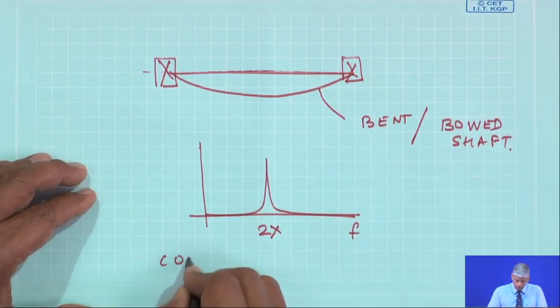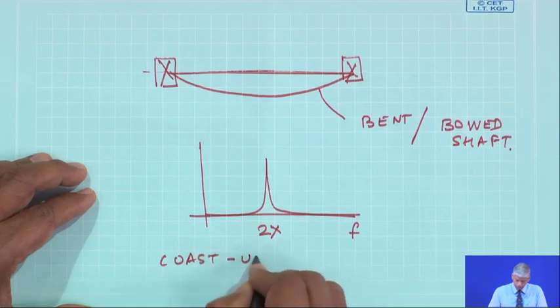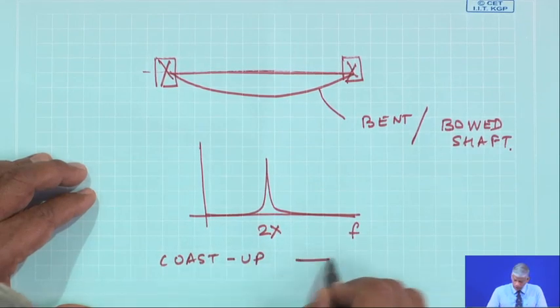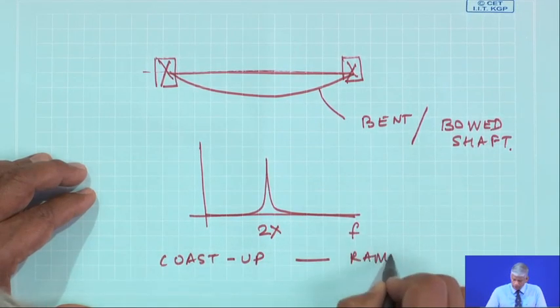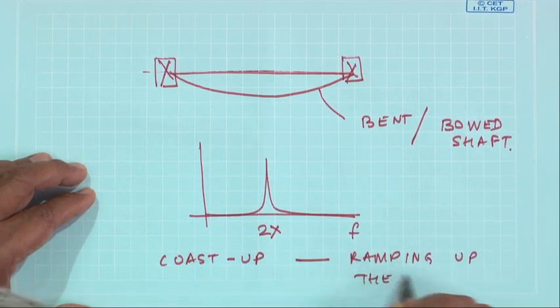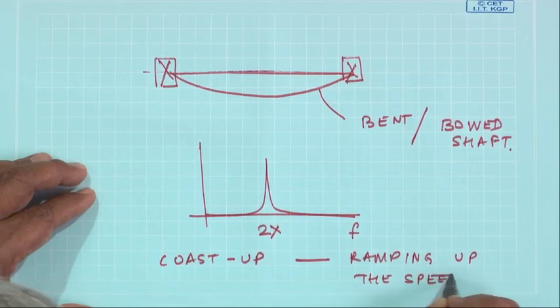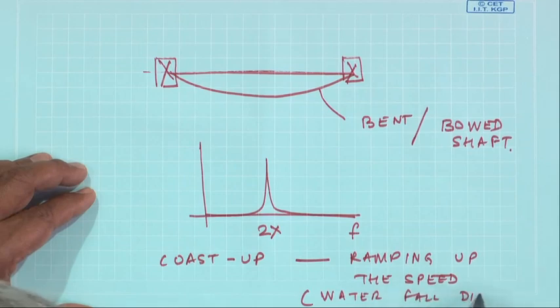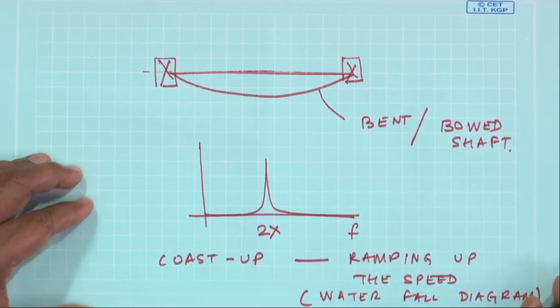Okay. And this can be easily measured by a coast up. By coast up, I mean I am ramping up the speed, and which you can see in what is known as a waterfall diagram. Okay.